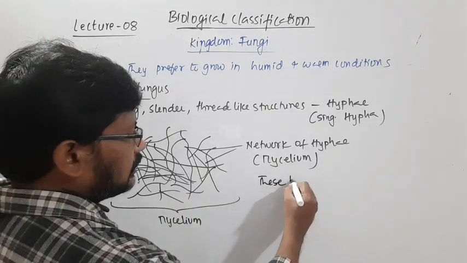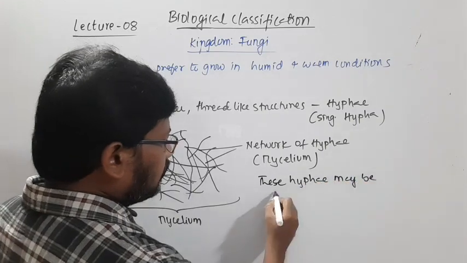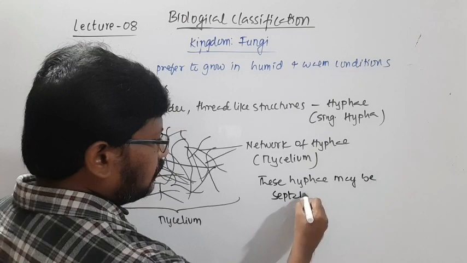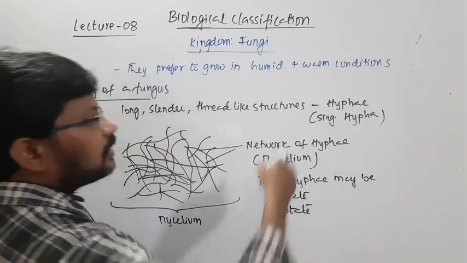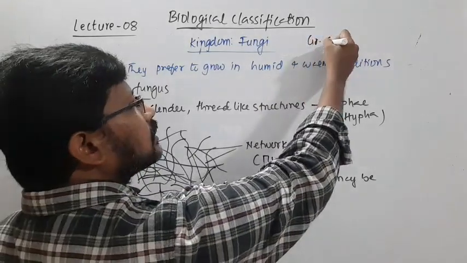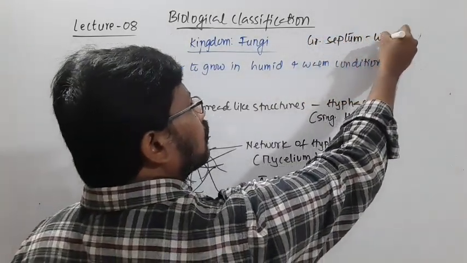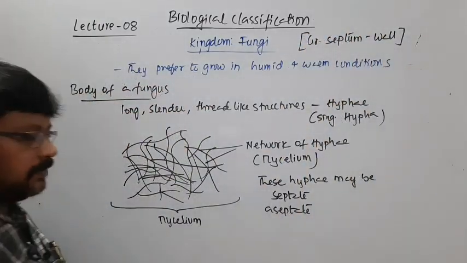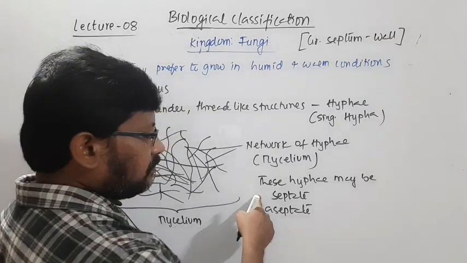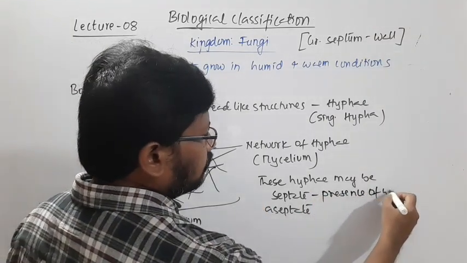So these hyphae may be septate or aseptate. From Greek, septum means wall. Septate means there is presence of wall.